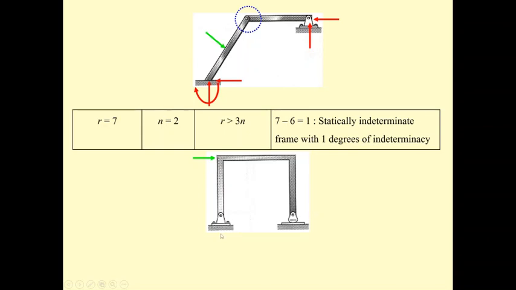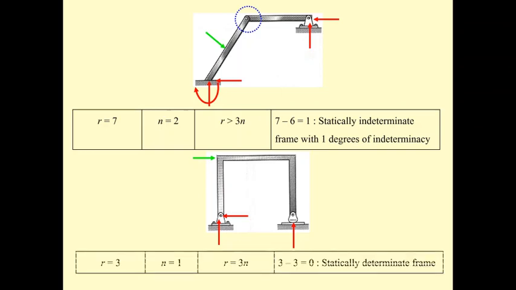So the total unknown is going to be 3. And we have 1 free body diagram. The number of equations is going to be 3 times 1. So the unknown equals the number of equations of equilibrium. This frame is a statically determinate frame.